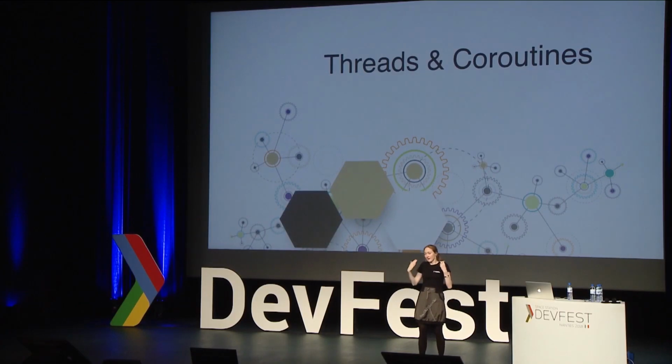So now I want to talk about what a coroutine is. Coroutines somehow allow us to have this async await. And I want to compare two concepts, the concept of a thread and the concept of a coroutine, and see what the similarities and the differences are. In essence, a coroutine is very similar to a thread.